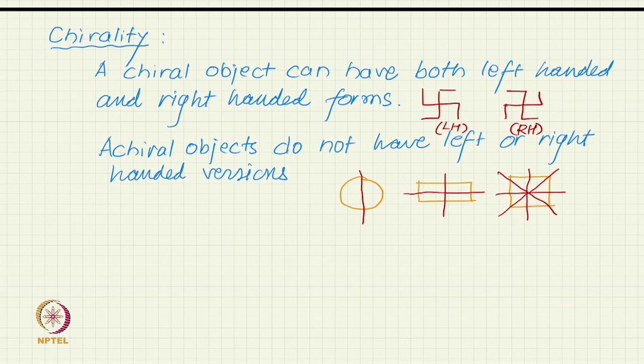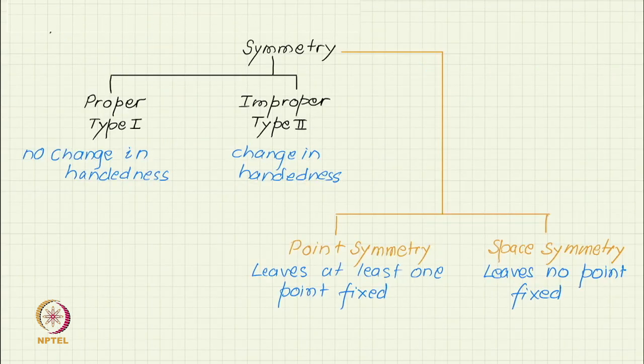That will not be a symmetry operation because it will not be a self coincidence, but still it will not change its chirality because you can bring the moved object to the original object by translation or rotation. I think this is the distinction between chiral and achiral object.